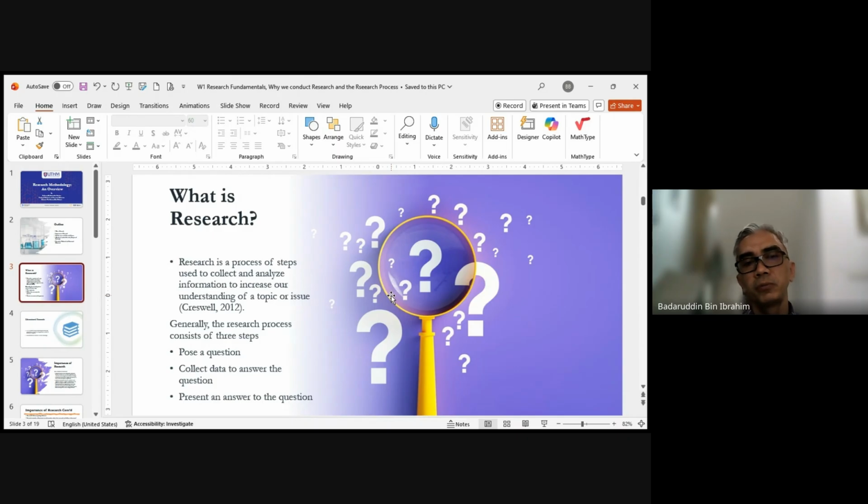So generally, when we talk about why we conduct research, it is trying to solve a problem. Generally, the research process consists of these three steps. First, we need to pose a question. By having this question, it will guide us on how we're going to answer it.